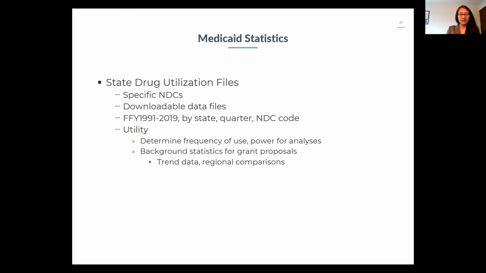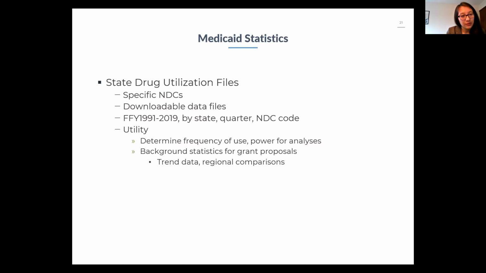One public use file that's been more continuously maintained by CMS is the state drug utilization file, and it's actually created in relation to the Medicaid drug rebate program. So this is probably the most fine-tuned nationally available utilization summary information available for Medicaid. It includes information by national drug code, and then it will be summarized by state to see utilization by year.